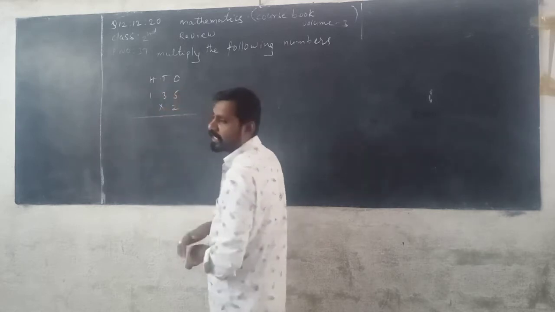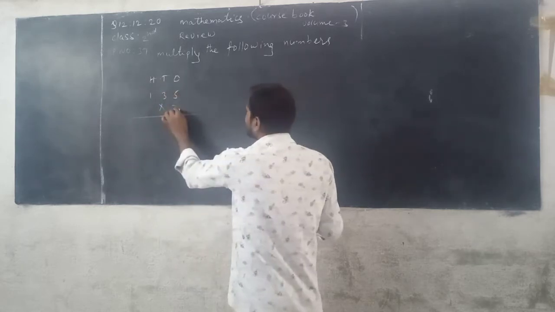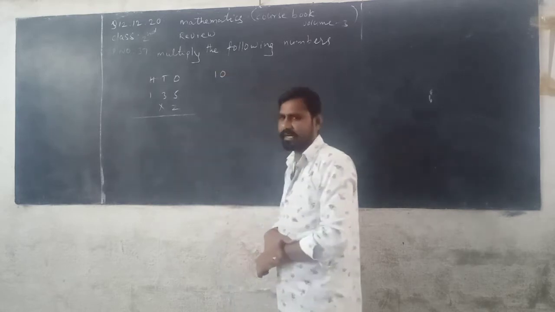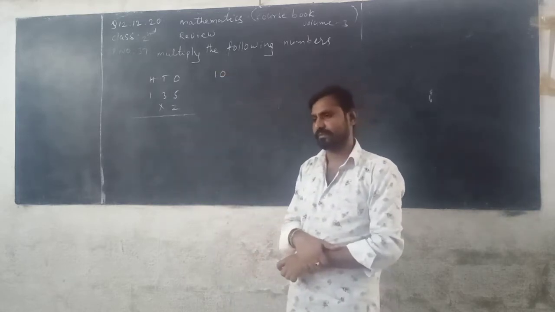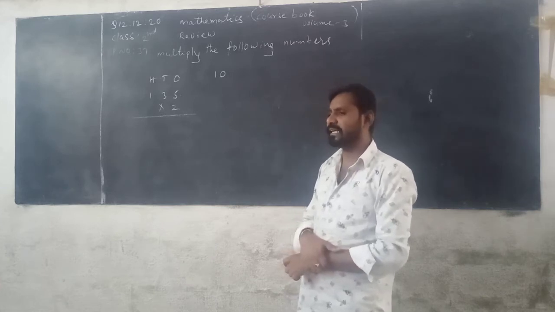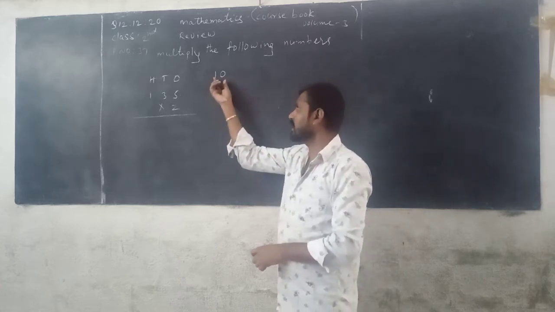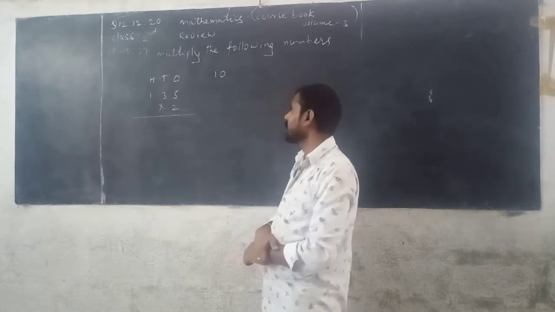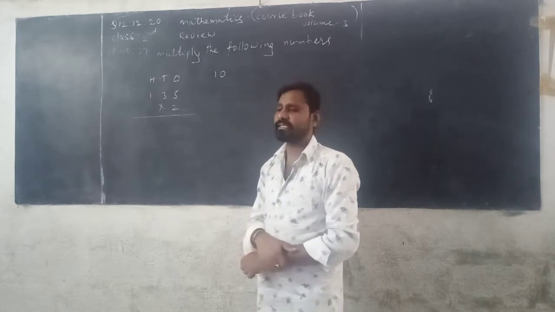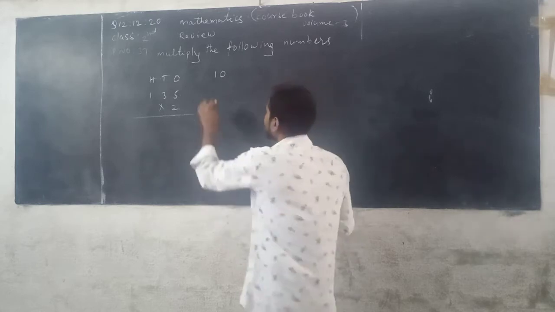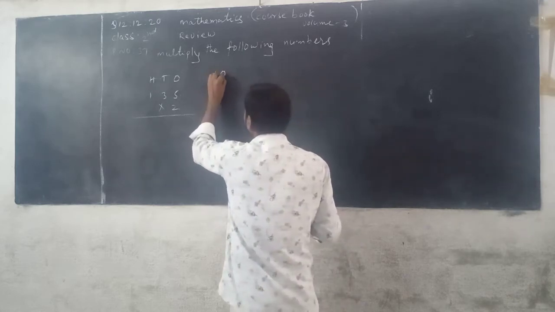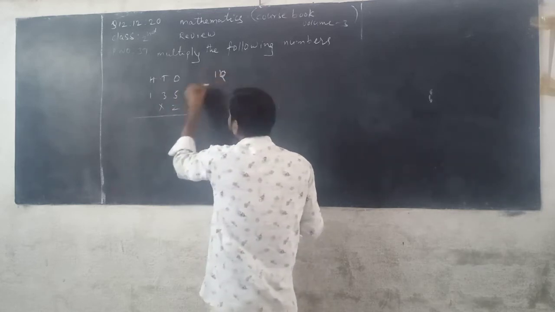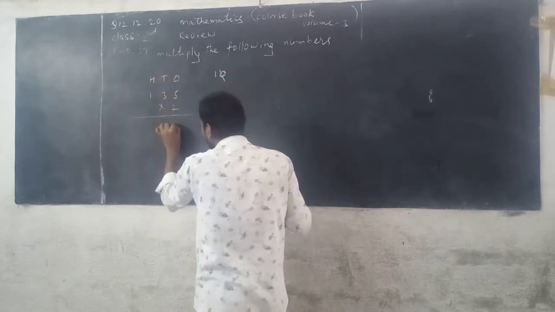Then you can read the 2 table. See here, 2 5s are 10. 10 is a 2-digit number, beta, so here taking and carrying is there. In 10, 0 is taking; write it down as the product of the ones column.